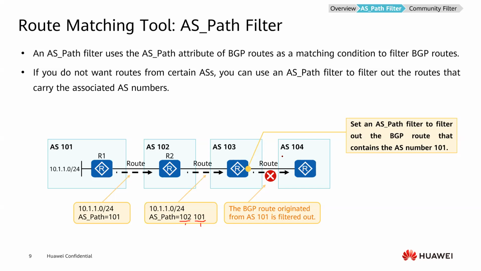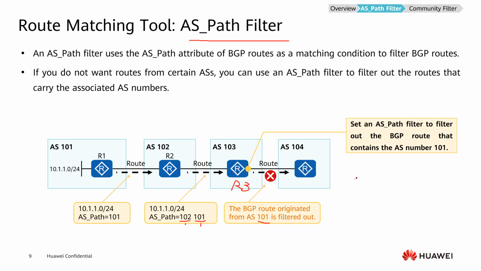And if the router in AS 104 does not want to receive the route carried from AS101, or R3 does not want to send the route that originated from AS101, in this scenario, you can just use the AS-path filter to filter out the AS-path 101.